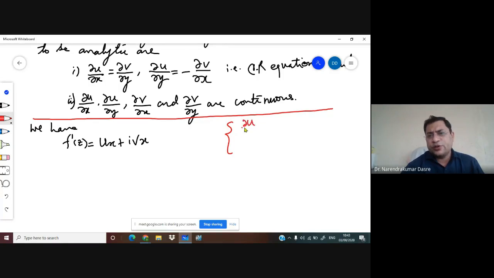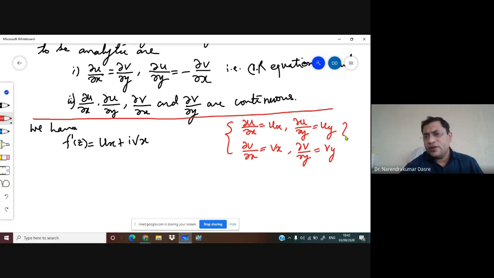From the definition of partial derivatives, ∂u/∂x is ux, ∂u/∂y is uy, ∂v/∂x is vx, and ∂v/∂y is vy. These notations we have seen in the first semester, and that is what I am going to use here.